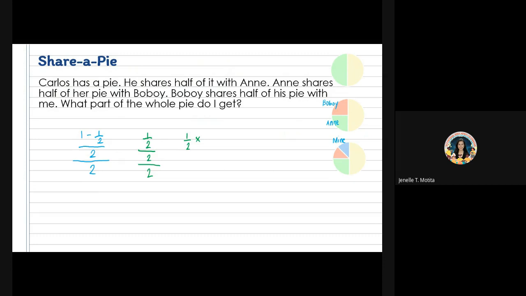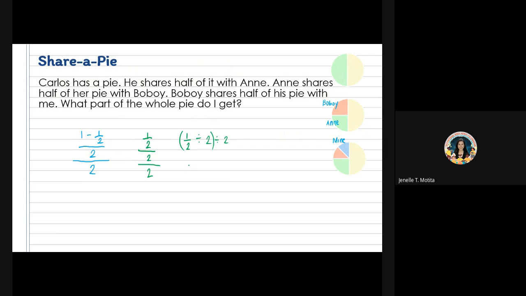Let's first show it in horizontal form: 1 half divided by 2 divided by 2. Let's first evaluate 1 half divided by 2.